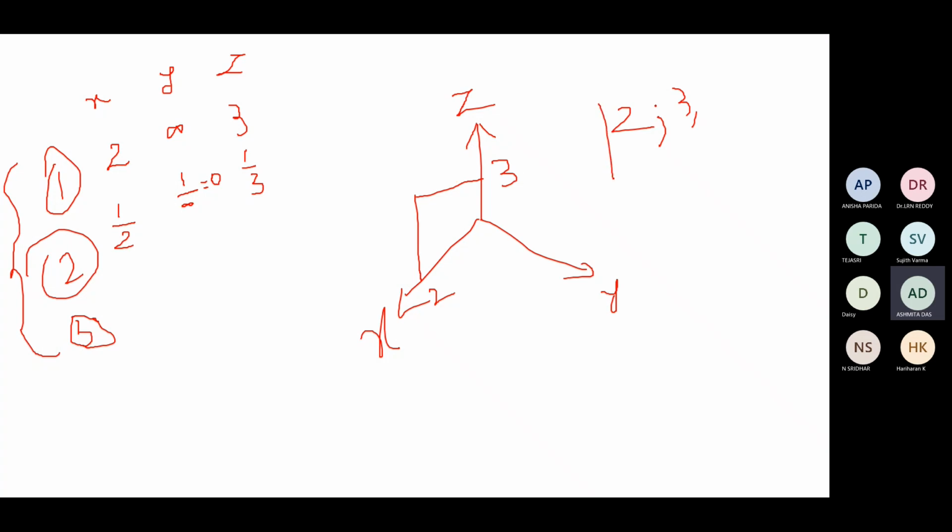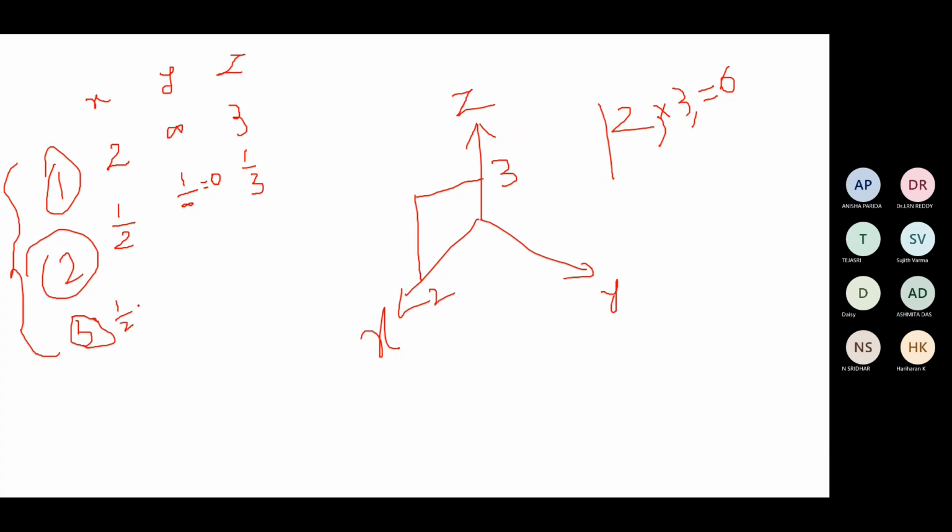For 2 and 3, 2 multiplied by 3, the value comes as 6, right? Yes, ma'am.